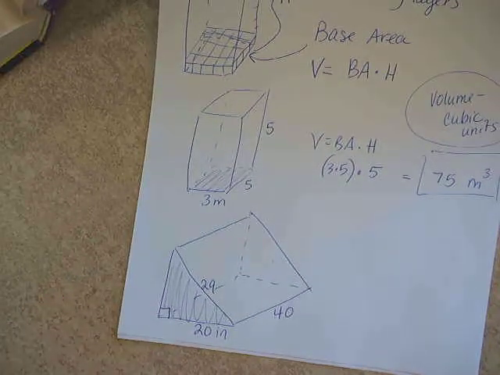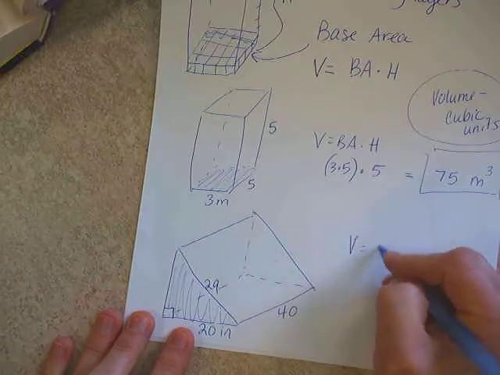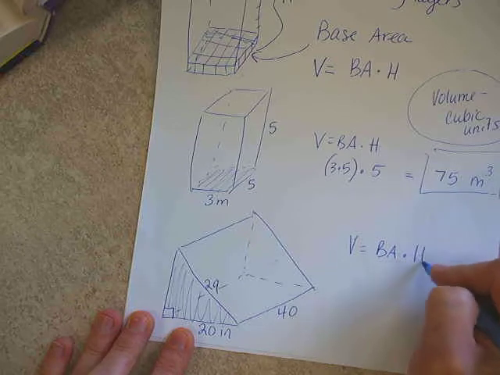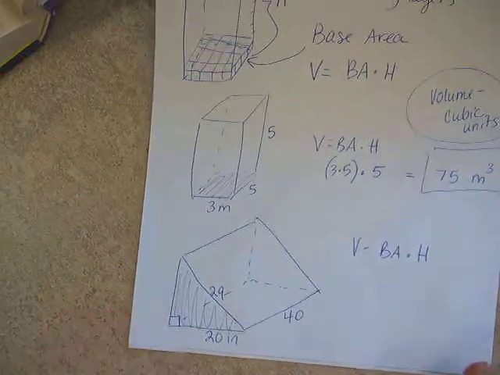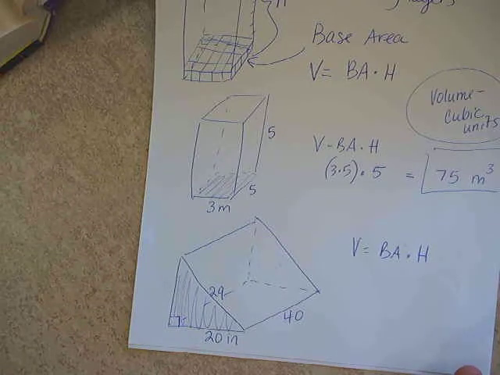Yeah. So the nice thing about volume is we really only need to consider one base because it's base area times height. And you're inserting whatever formula you need to use to find that base area. So if the base is a triangle, you use the area of a triangle. If the base is a square, use the area of a square.